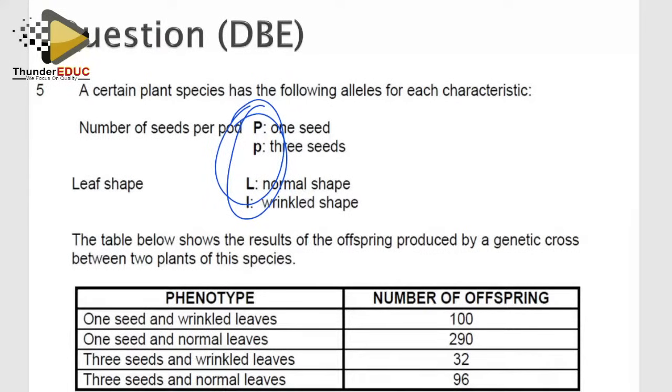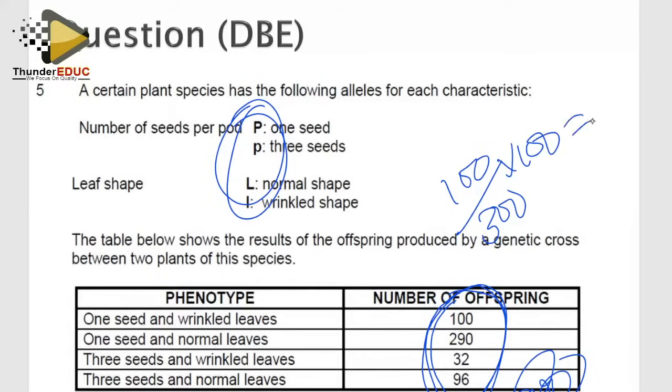If they ask you the percentage of those which are, say, round seed and wrinkled, in this case, you have to add everything here. And when you add everything, you get a total, for example, 300. I'm not saying that it's 300. So you say that 100 divided by 300 times 100 so that you're able to get a percentage. You see? Then you come here, 209 divided by 300 times 100. So you get the percentage.